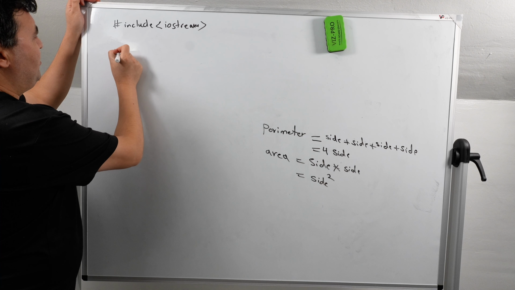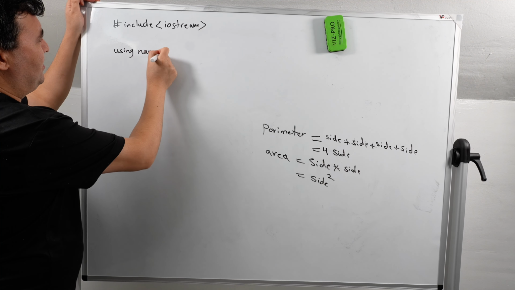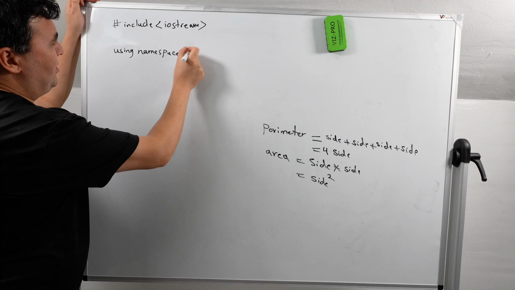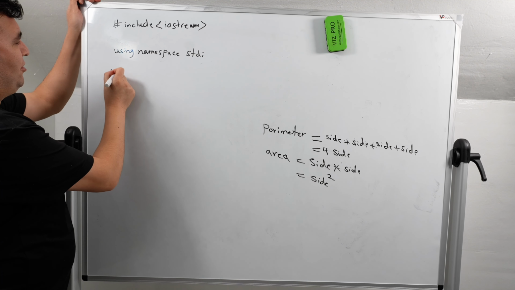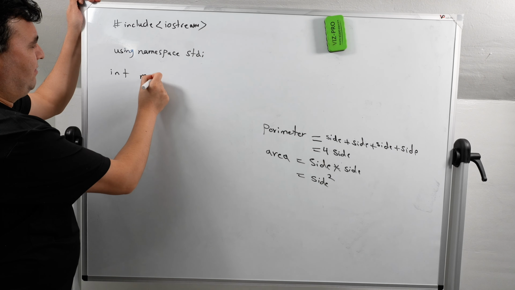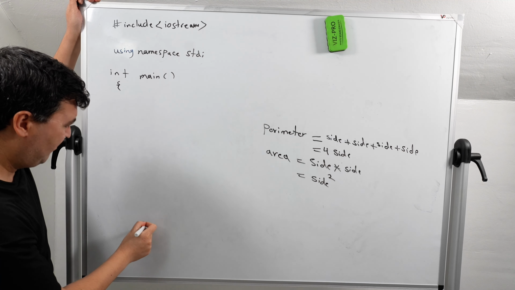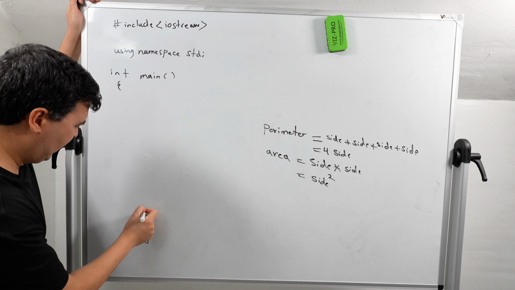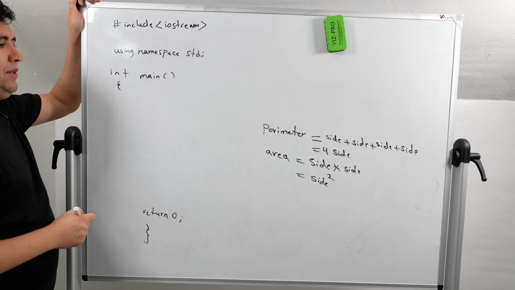Then we use the namespace std. And then we have int main. We define our main function. Inside the main function, I can write return 0, because at the end of the main function we have this.